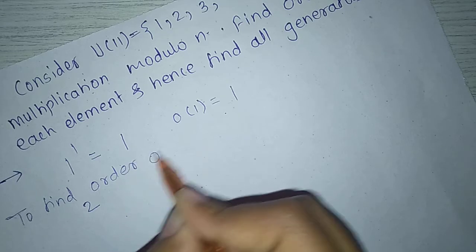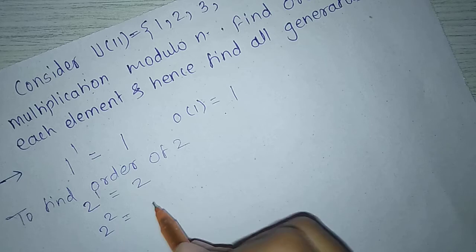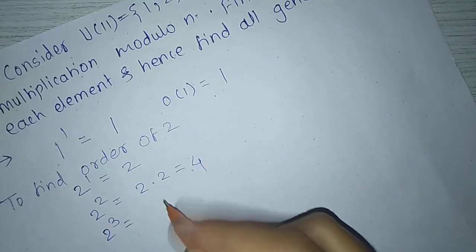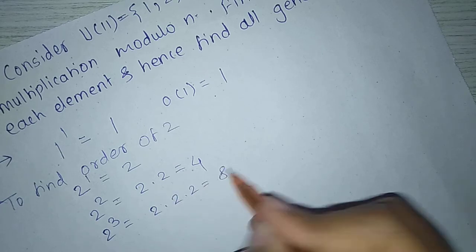the order of 2, 2 raised to 1 equal to 2, 2 raised to 2 equal to 2 into 2 equal to 4, 2 raised to 3 equal to 2 into 2 into 2 equal to 8.